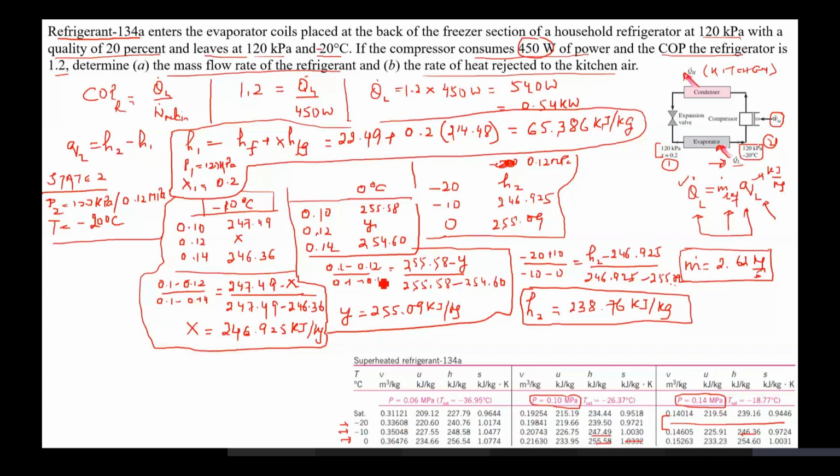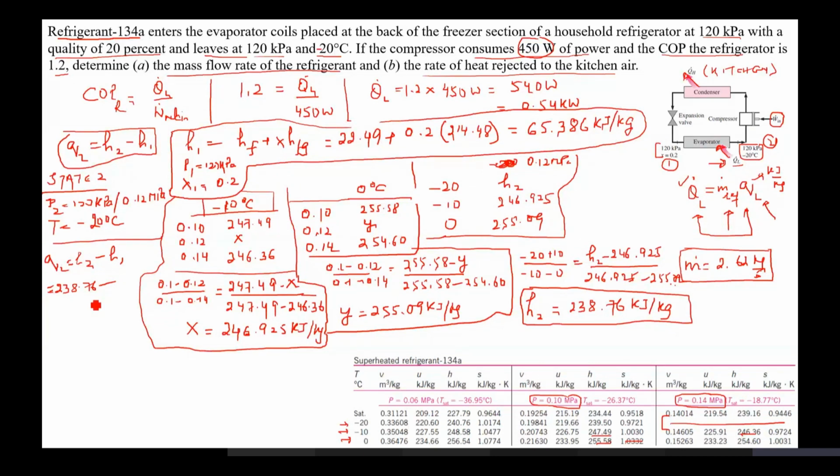So now you have to find out H2 minus H1 to find QL. So QL would essentially become H2 minus H1, where H2 is 238.76 minus H1, you found out 65.386.